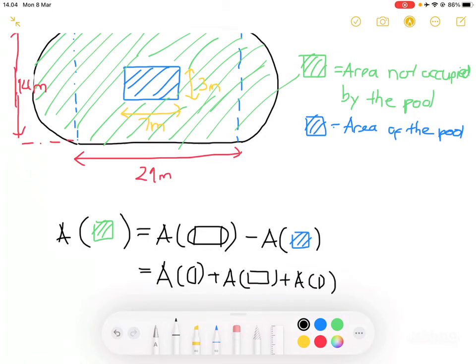And if you notice, the semicircles are equal in diameter, and therefore we can just combine those both into 2 times the area of one semicircle. Right, so don't forget we need to minus this with the area of the pool itself.